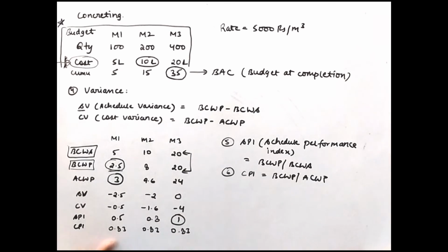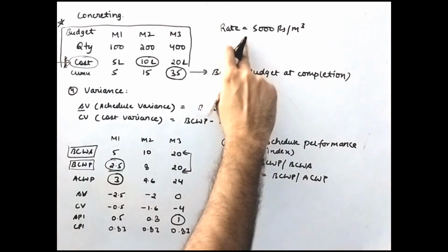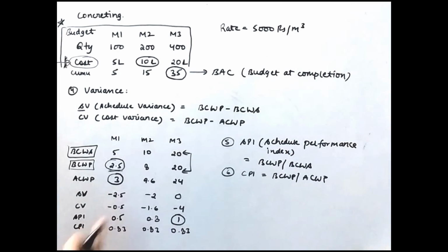Because we considered the rate as 6,000 for all the 3 months, whereas the budgeted rate was 5,000. So in every month we were overrunning the cost with the same percentage, because we considered the rate of 6,000 constantly for the 3 months. I hope you get this particular point, a very important point.